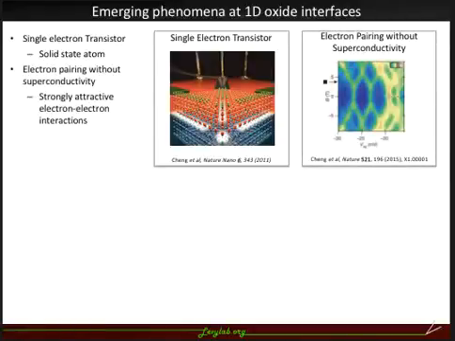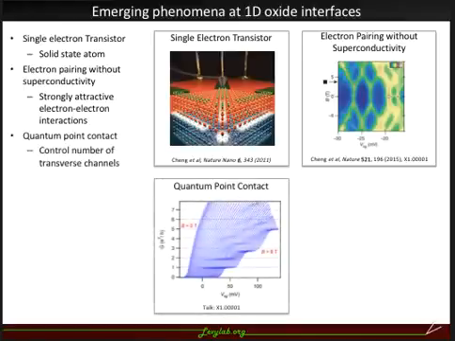These devices also exhibit electron pairing without superconductivity, which indicates strongly attractive electron-electron interactions. We're able to create quantum point contacts where a constriction in the wire acts as a quantum point contact and allows us to see conductance in the wire, which increases in steps of e squared over h, indicating that we're able to control the number of quantum channels in the wire by tuning a gate voltage.